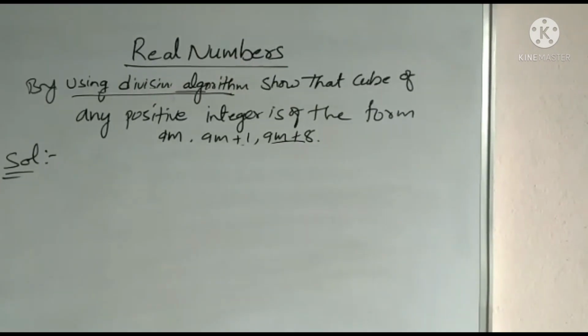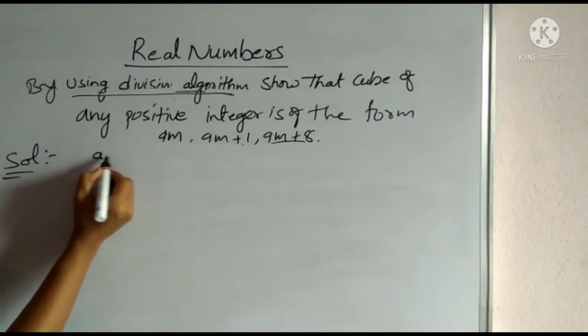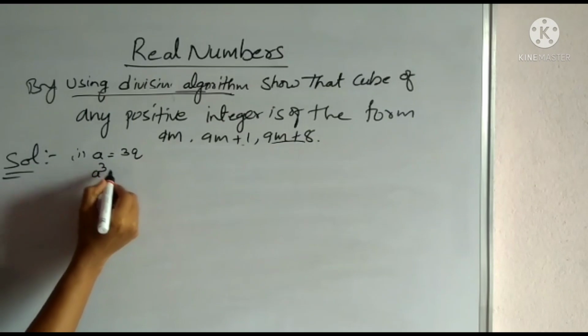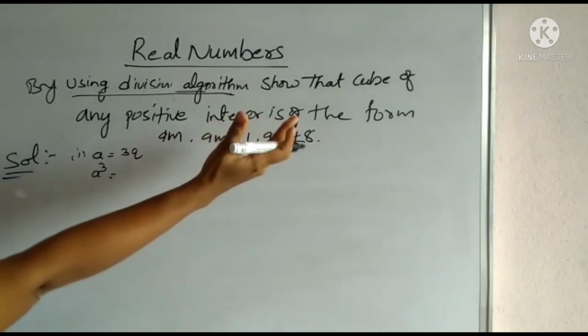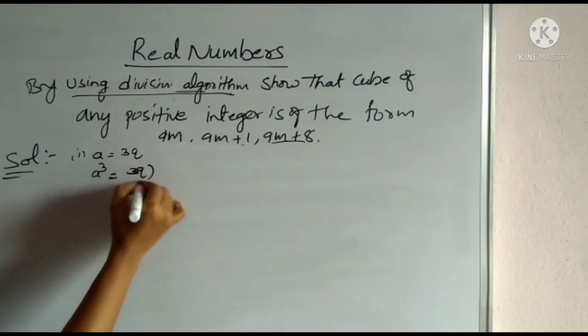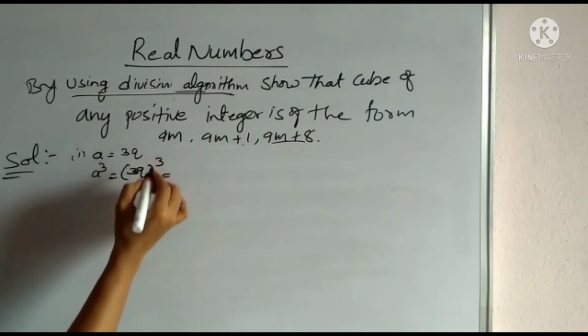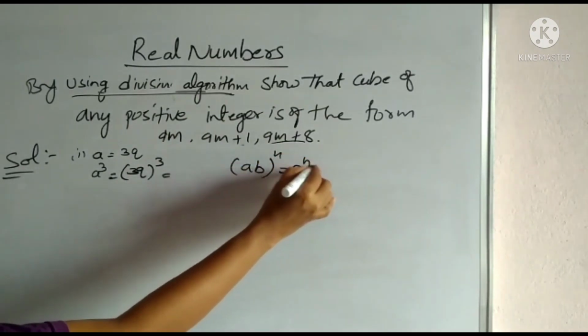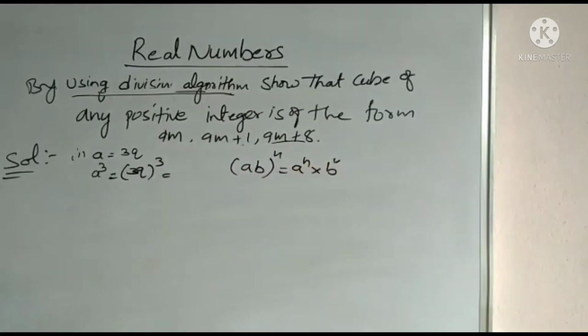So a cube equal to, why are we cubing here? The cube of any positive integer they asked, no? So 3q whole cube. So (ab) whole power n means a power n into b power n. So 3 cube means 27, q cube.